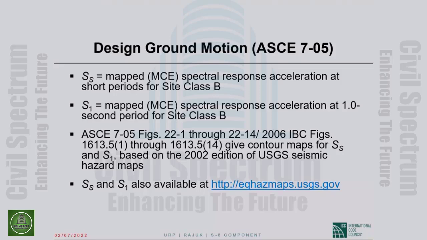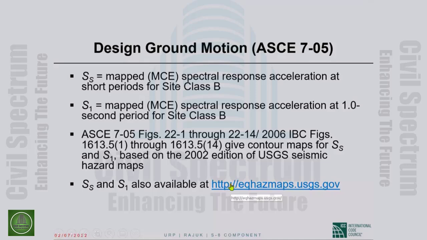Those quantities are given on maps that are part of ASCE 7. But if you are doing design in the US, you would go to the US Geological Survey website and find significantly more accurate values than are obtainable from paper maps. Now, this is kind of the old days. Today, we have a so-called hazard tool issued by ASCE that gives us the design quantities.